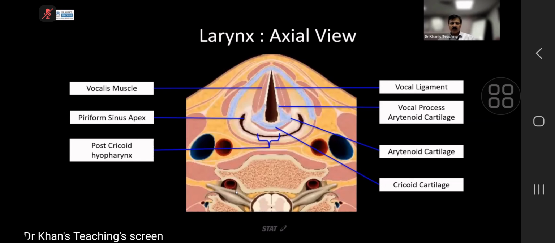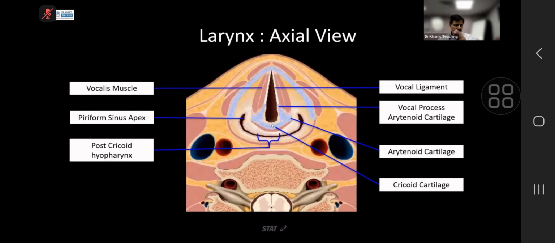And now, you see the airway is boat-shaped. This is known as anterior commissure, where the true chords meet anteriorly. This is the posterior commissure. Posterior commissure is the mucosal surface on the cricoid cartilage in between the two arytenoid cartilages.